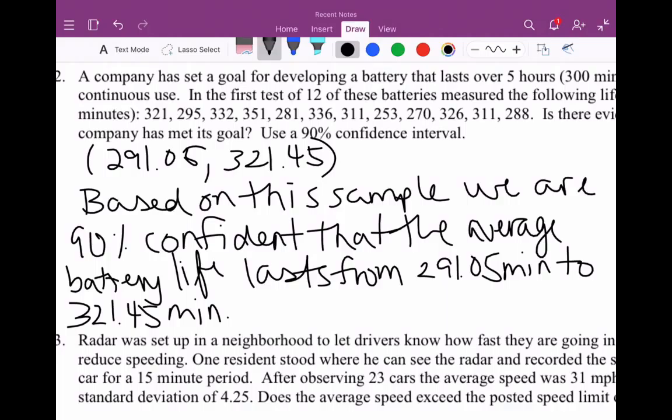Because our interval dips below their goal of 300 minutes, we can't actually say that the company has met their goal. Now they might have, but we don't know that because, again, the interval goes below, so it could still be under 300.